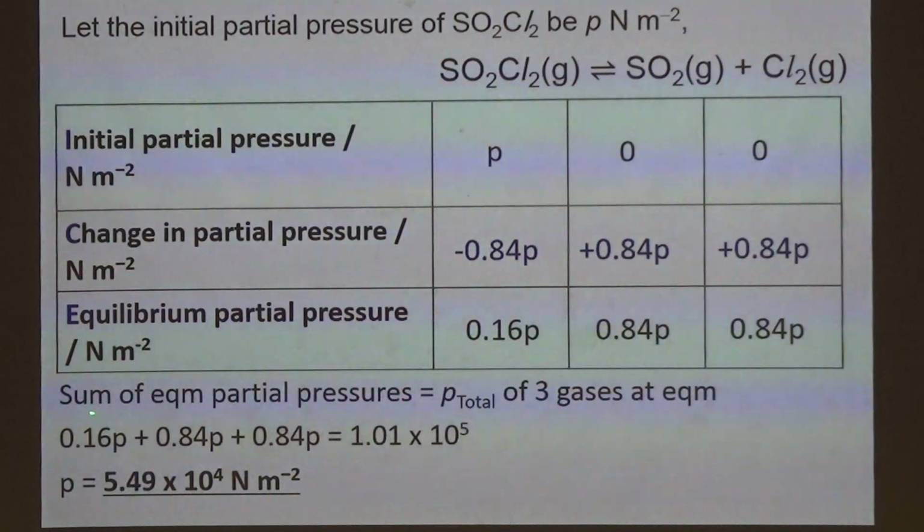If you add them all up, 0.16 P plus 0.84 P plus 0.84 P gives you the total pressure, 1.01 times 10 to the power 5. So P must be equal to 5.49 times 10 to the power 4 Newton per meter squared.